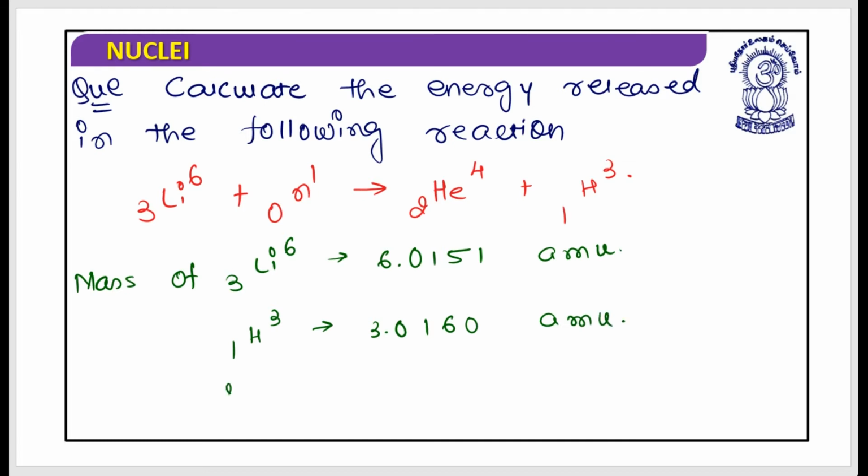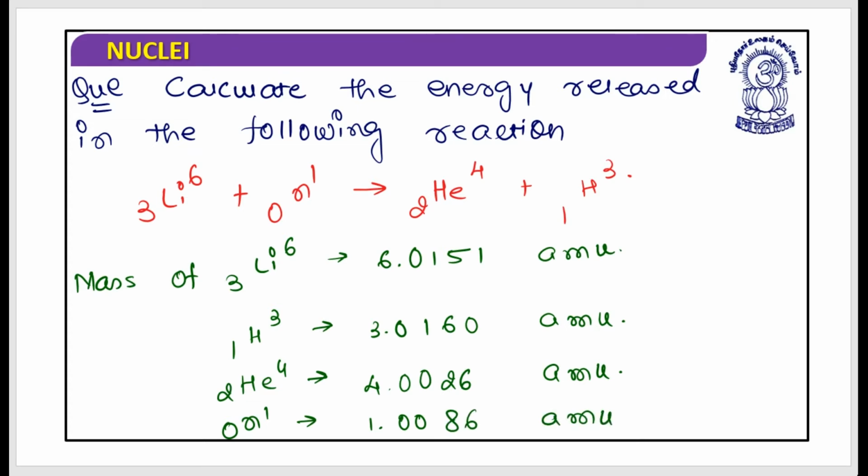Mass of 2He4 is 4.0026 AMU. Then they have given the mass of 0n1, which is 1.0086 AMU. So this is the data that has been given. Their masses are given and the process is given. I need to find out the energy released in the following reaction.